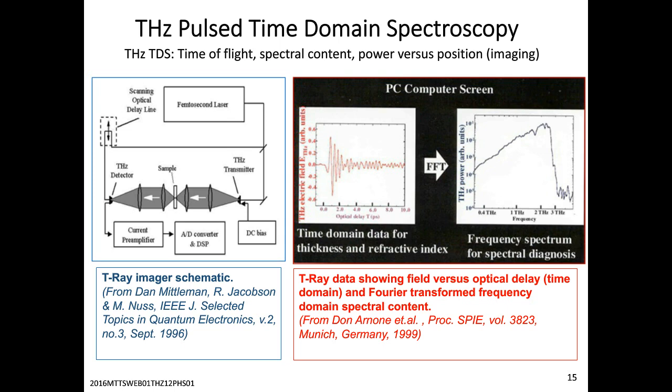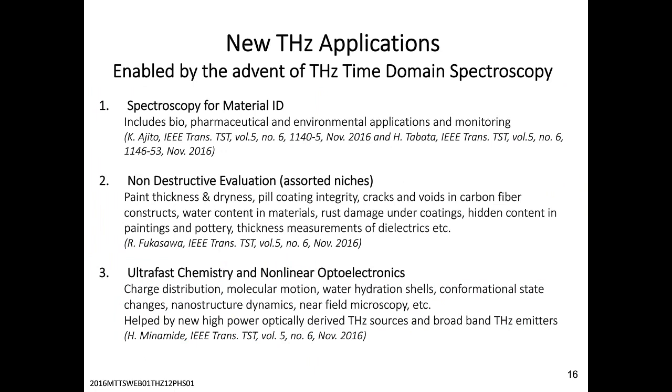And that interferogram can be Fourier transformed to give you frequency content that covers the full terahertz band. And once you have that terahertz broadband pulse, you can use that to do spectroscopy and do it over a very wide bandwidth. So that time domain approach has really expanded the terahertz community significantly.